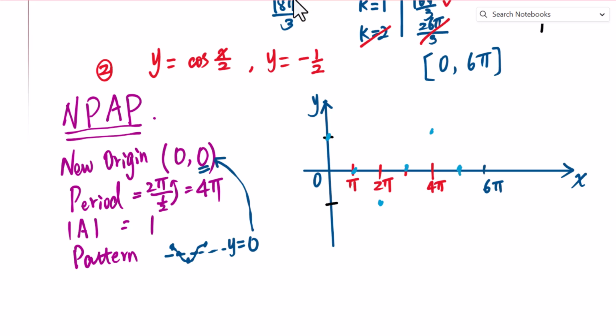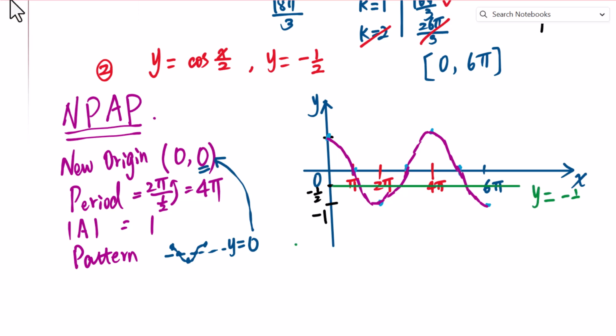Go down and down. Then sketch this graph. Then we need to draw y equals -1/2. This is -1. This is -1/2. Just estimate.